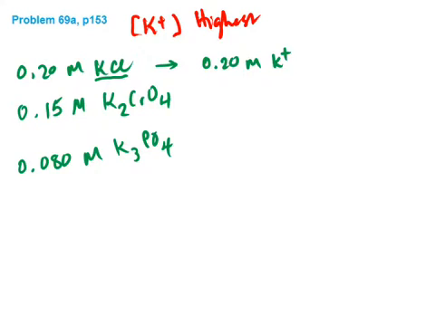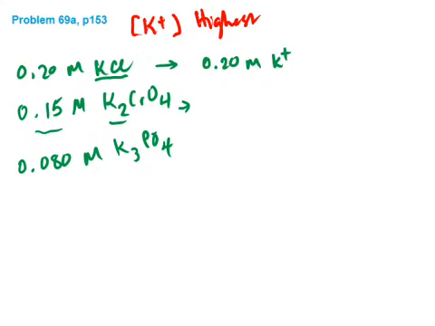Now the next sample. In the second sample, we have 0.15 molar, and each such molecule would have 2 K plus. So if I have 0.15 molar, for 1 molar it'd be 2 molar K plus.